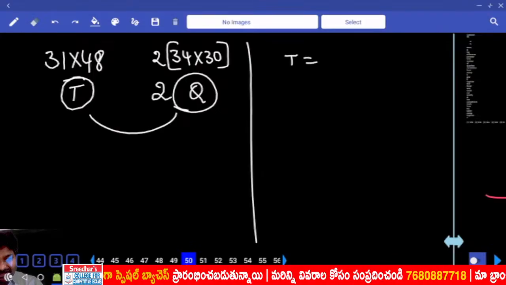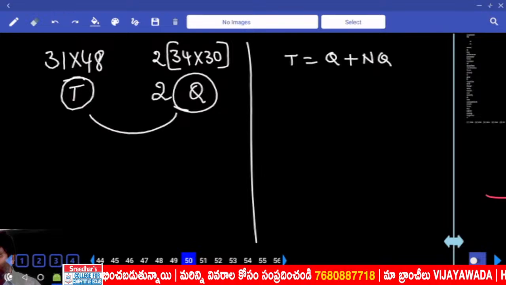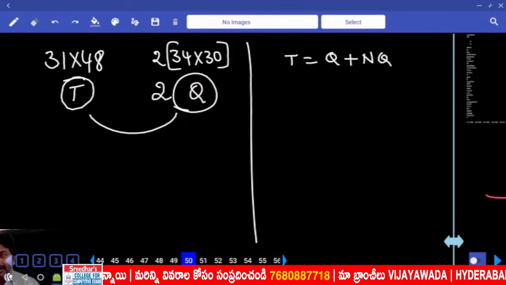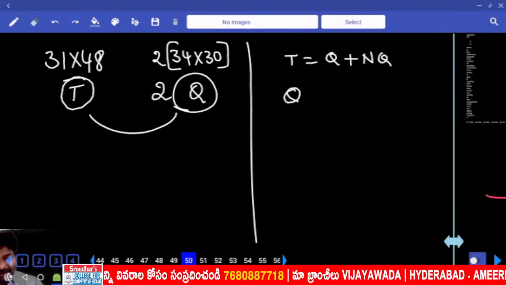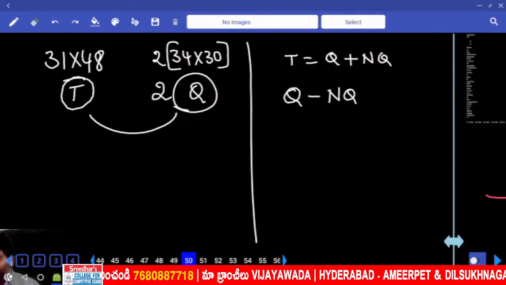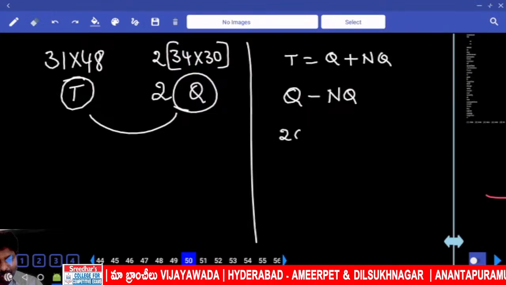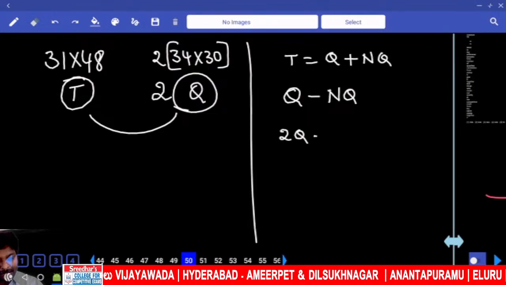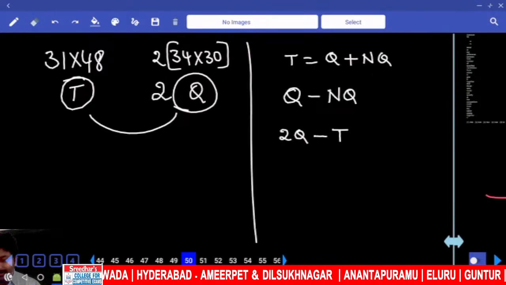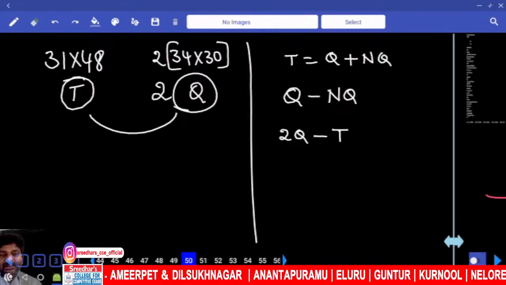Total in the sense qualified plus not qualified. Now the question is about the difference between qualified and not qualified. What I am taking is 2 times qualified minus total. What do you mean by total?